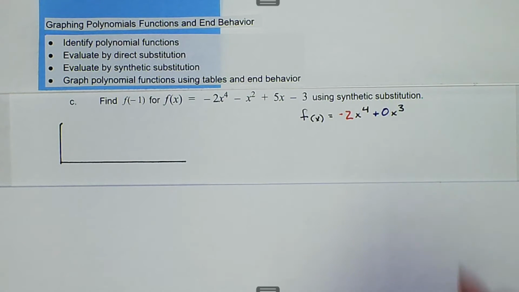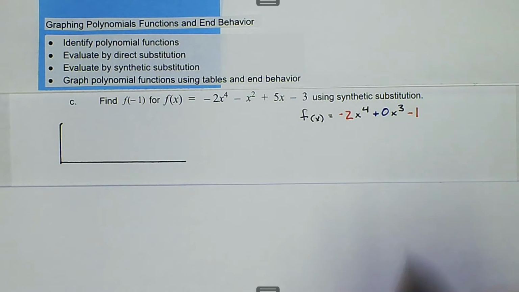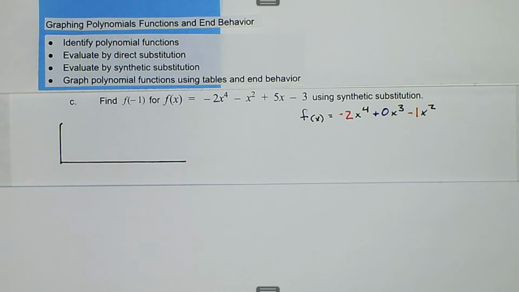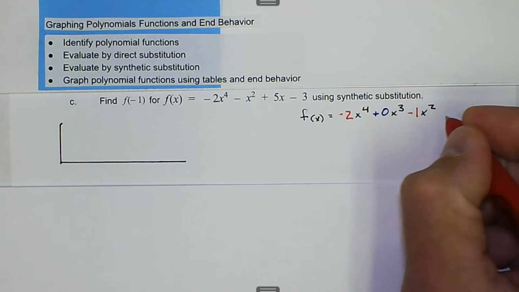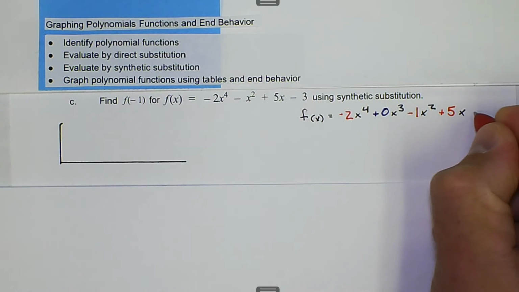And then we do have an x squared, so that's going to be -1x squared. And then we're going to say plus 5x. And then minus 3.